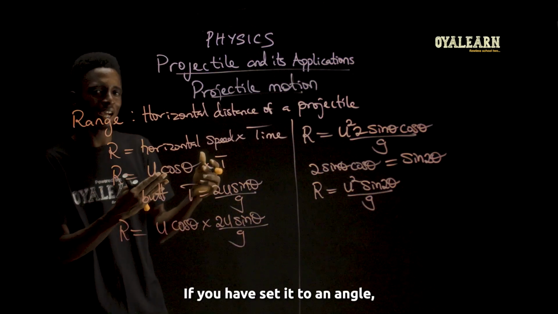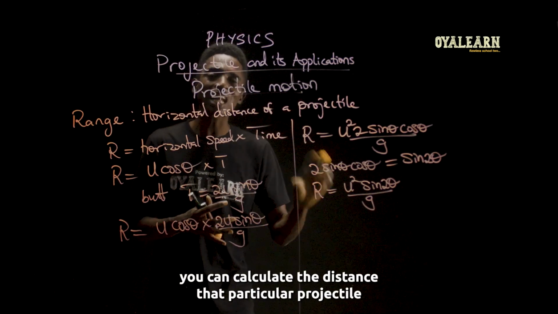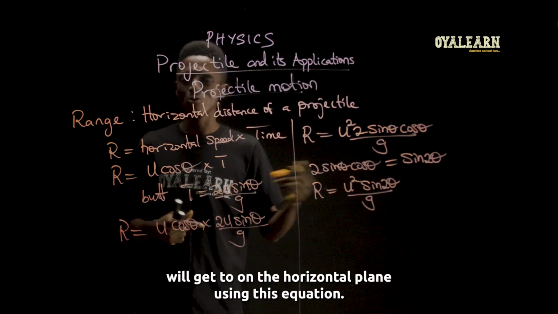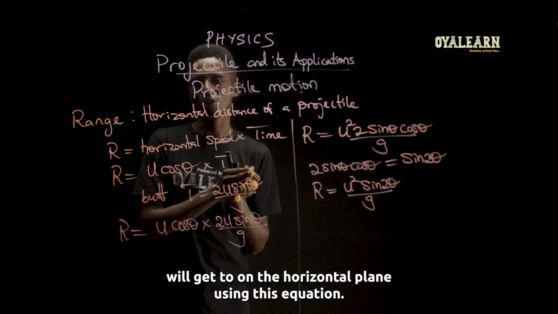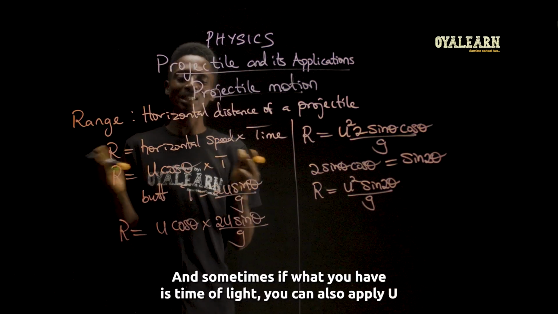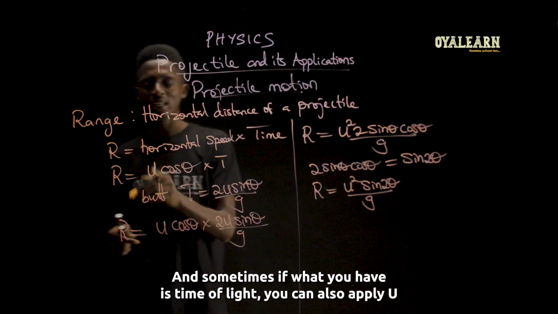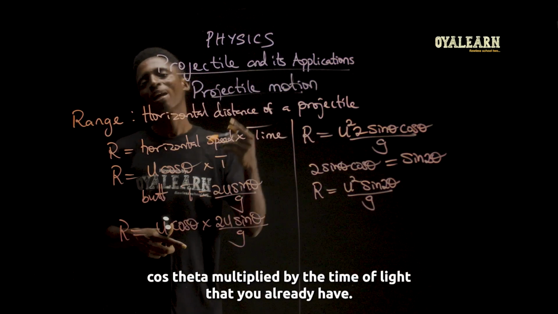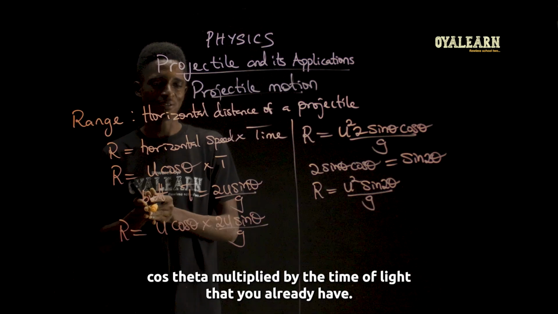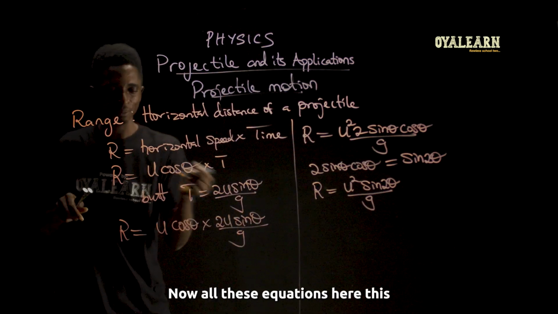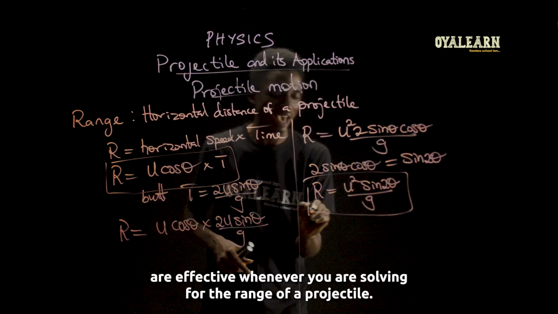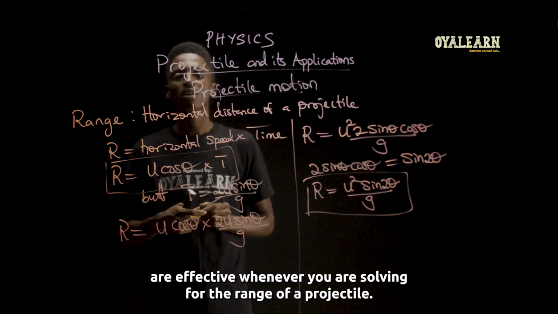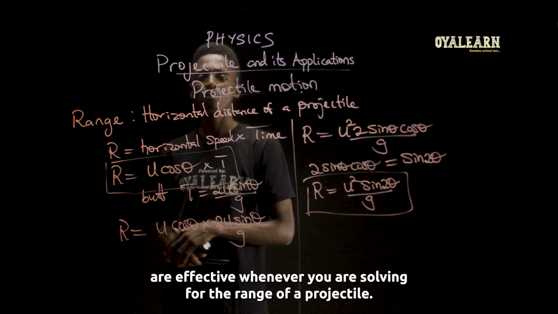If you have set it to an angle, you can calculate the distance that particular projectile will get to on the horizontal plane using this equation. And sometimes if what you have is the time of flight, you can also apply u cos theta multiplied by the time of flight that you already have. Now, all these equations here are effective whenever you are solving for the range of a projectile.